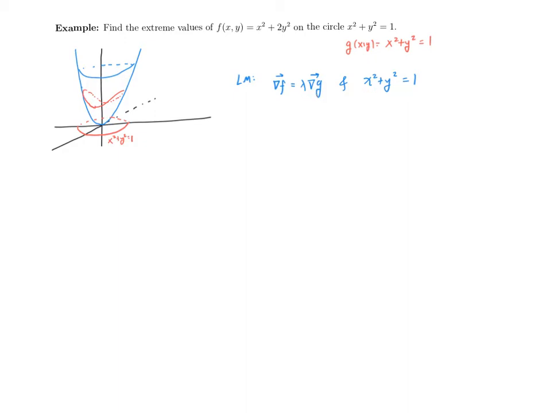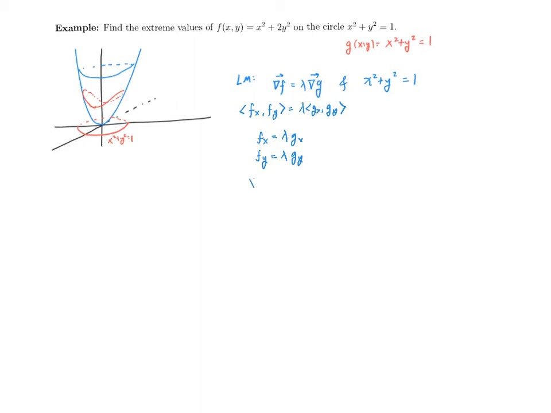And remember those equations that we have coming from the gradient, and I'm going to write out a few steps. We would have f sub x, f sub y, the partials, is lambda g sub x, g sub y. So that f sub x is lambda g sub x, and f sub y is lambda g sub y.